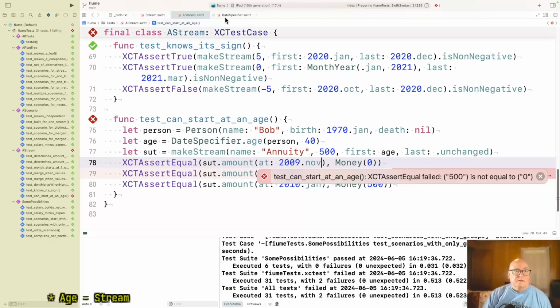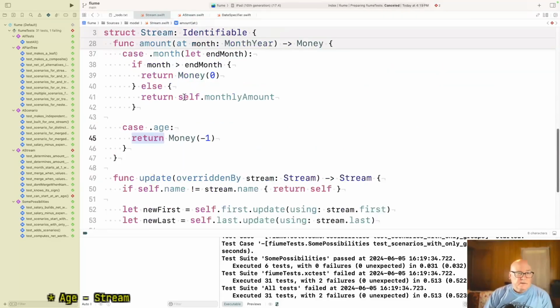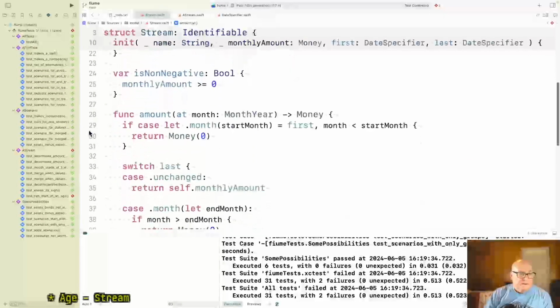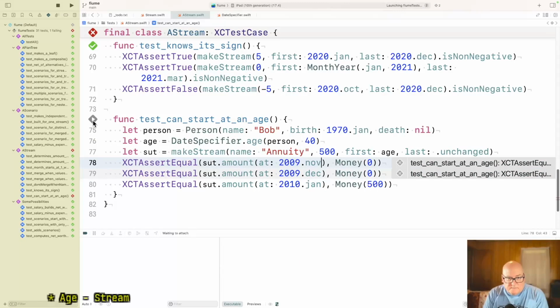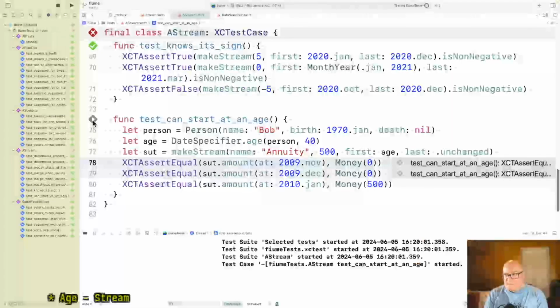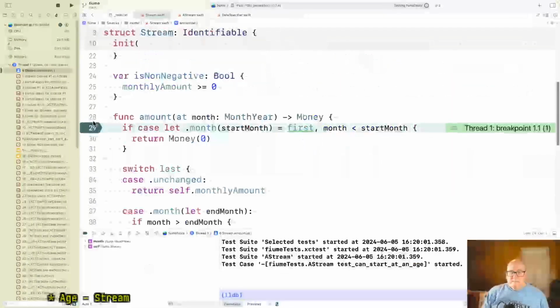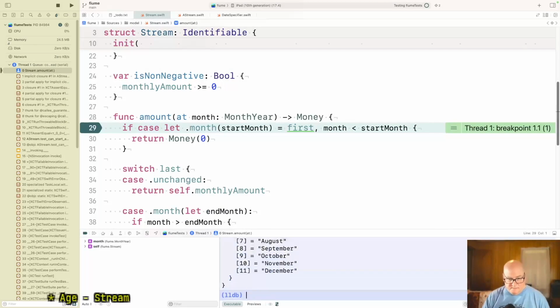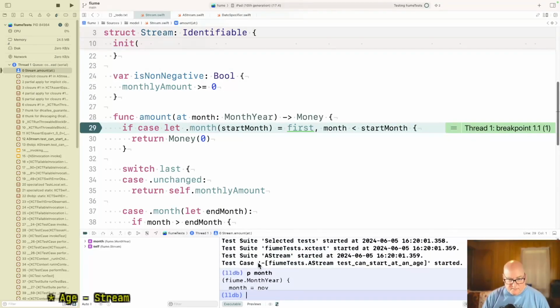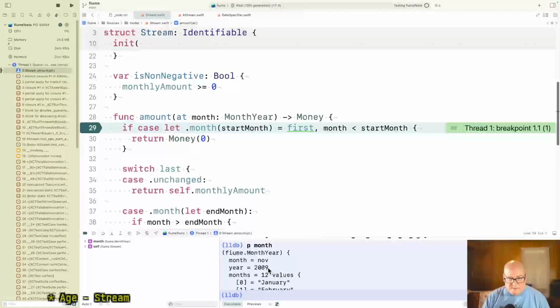Okay, well, let's go look at stream. I guess I'll break here. Okay, so month. November 2009. Okay.